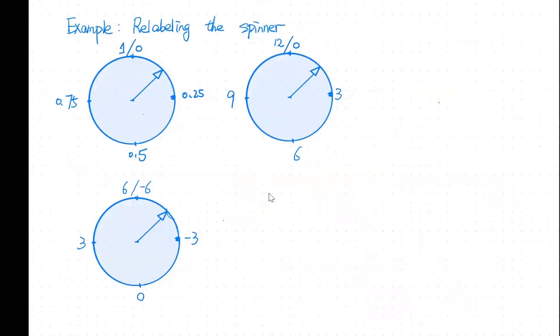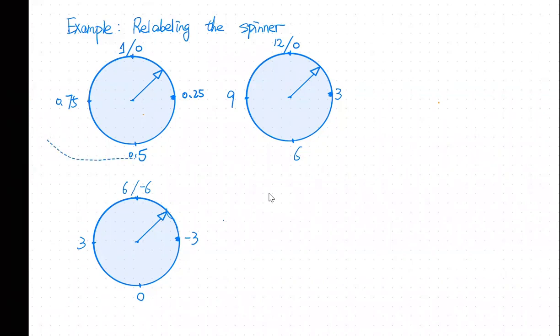Now let's consider an example of shifting and scaling. Shifting and scaling is often related to relabeling or changing the unit of some measurement. Suppose we consider the spinner example again, and we now relabel the spinner or change the unit of the measurement on the circle.